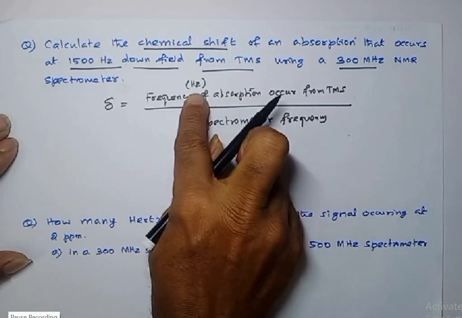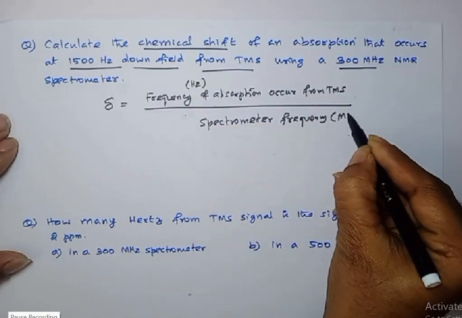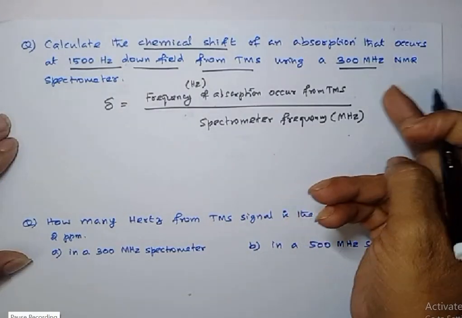Listen carefully, the numerator should be in Hertz and the denominator should be in megahertz, so that you need not multiply by 10 power 6.